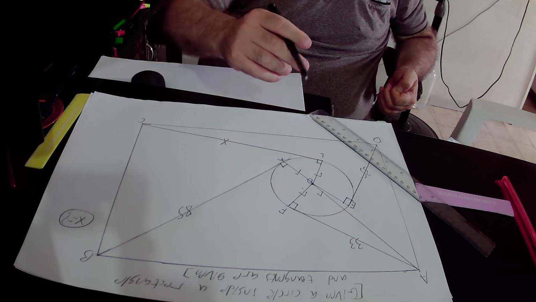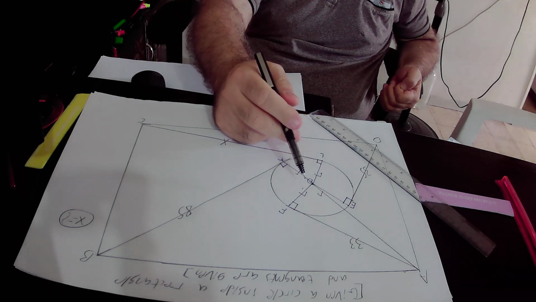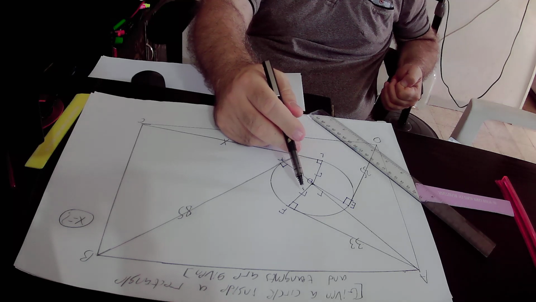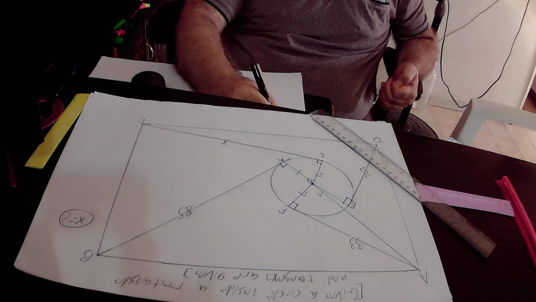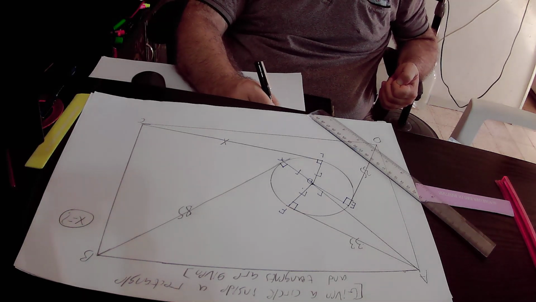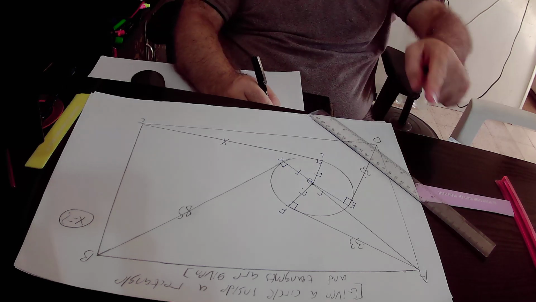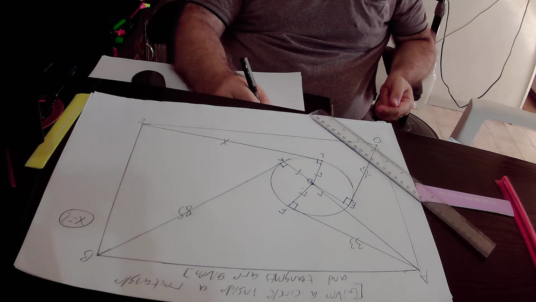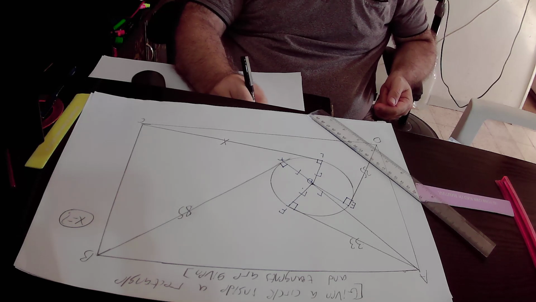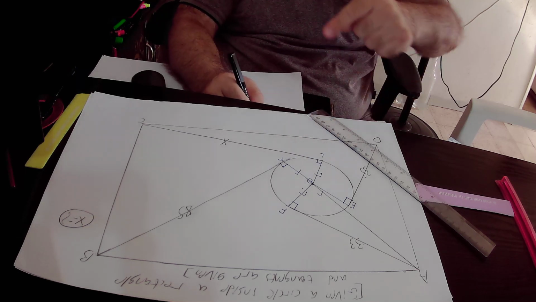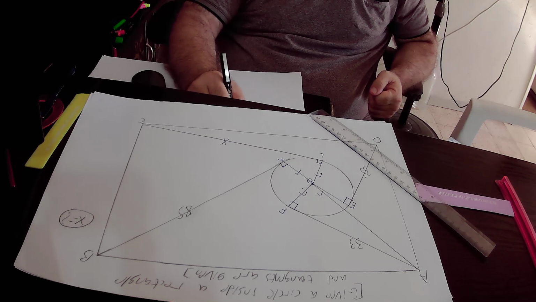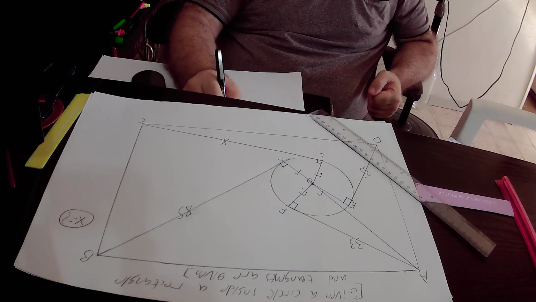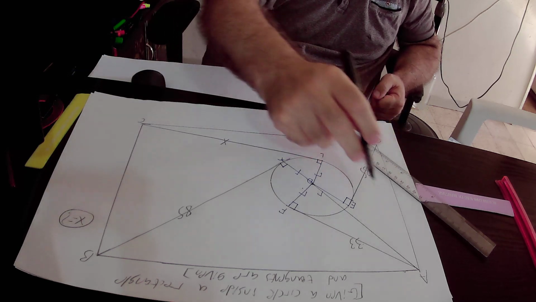In the right triangle AFO, according to the Pythagoras theorem, the square of the hypotenuse equals the sum of the squares of the perpendicular sides. That is to say, AF squared plus FO squared equals AO squared.